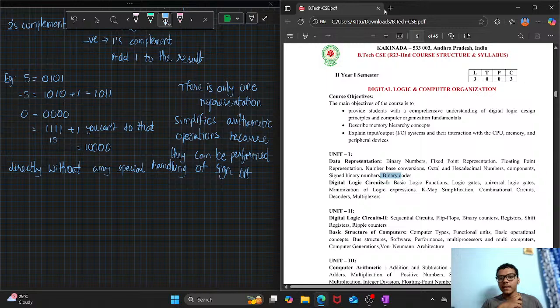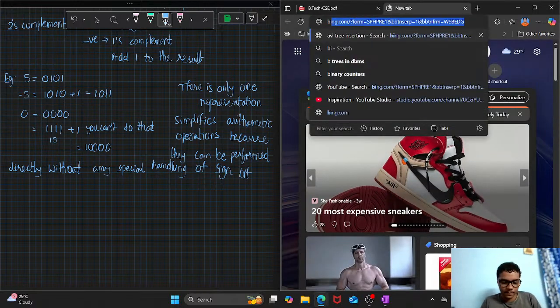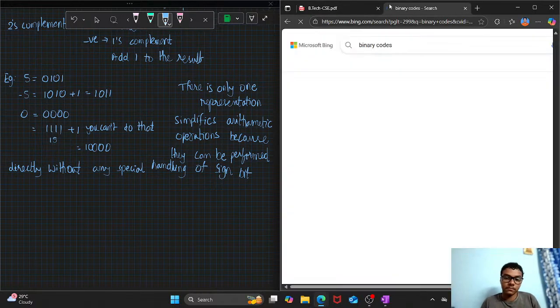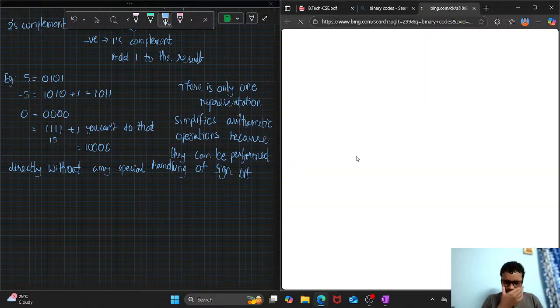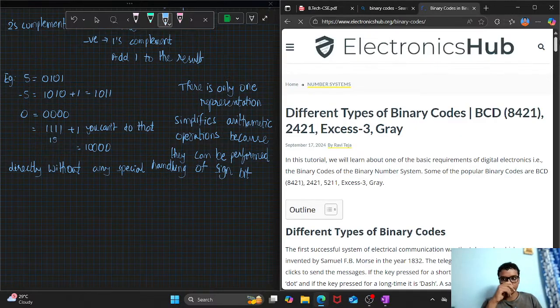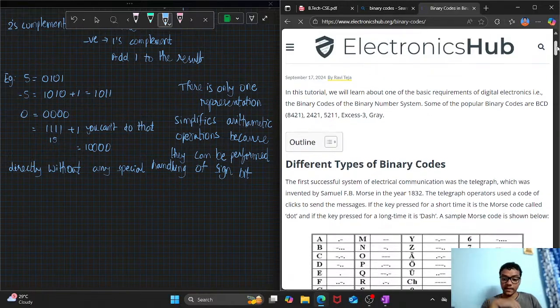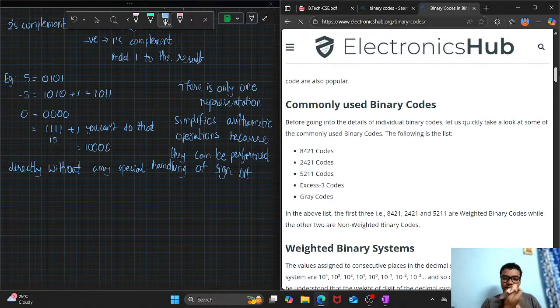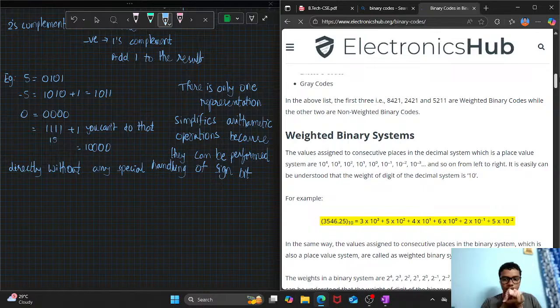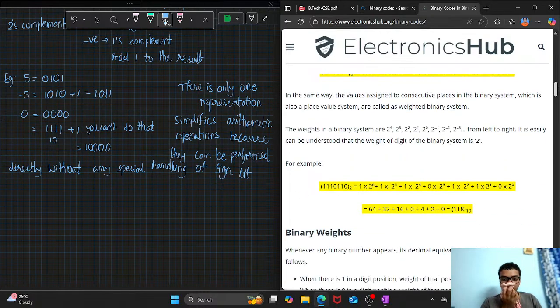And let's look at binary codes and let's wrap this session up. Here we go. BCD, XS3, gray. Weighted binary system.